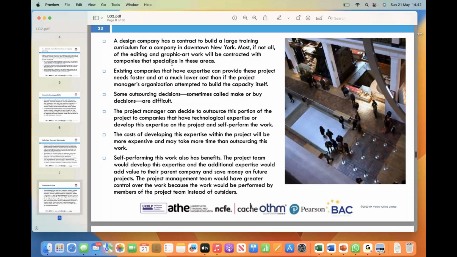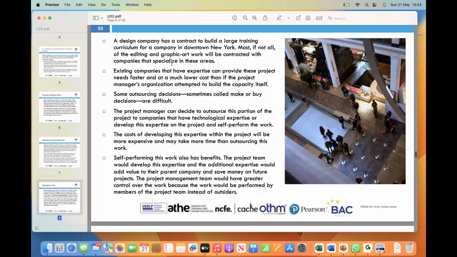Outsourcing has its advantages. By relying on external experts, the design company can save both time and money. These specialized companies already possess the required technological expertise, which means they can complete the work more efficiently and cost effectively.